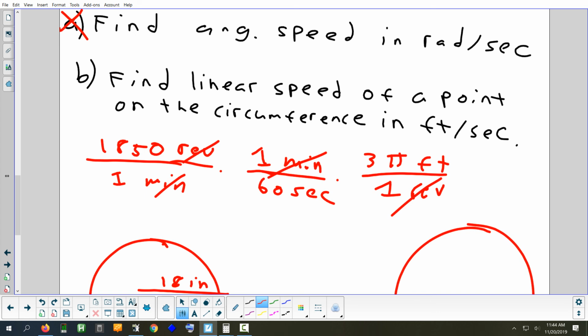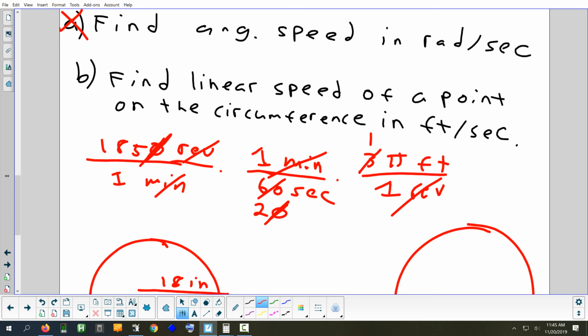Now let's see what we get. We can reduce that a little bit. 3 goes into itself once. And I could divide top and bottom by 10, so 2 and 185. I still need a calculator though. 185 times pi, and then divide by 2.